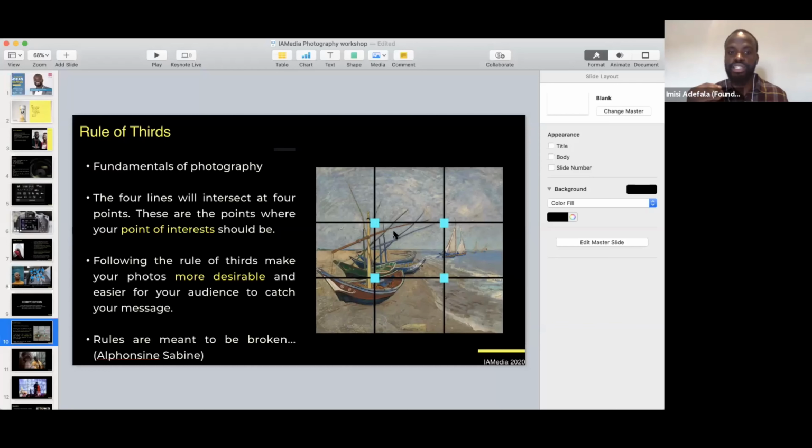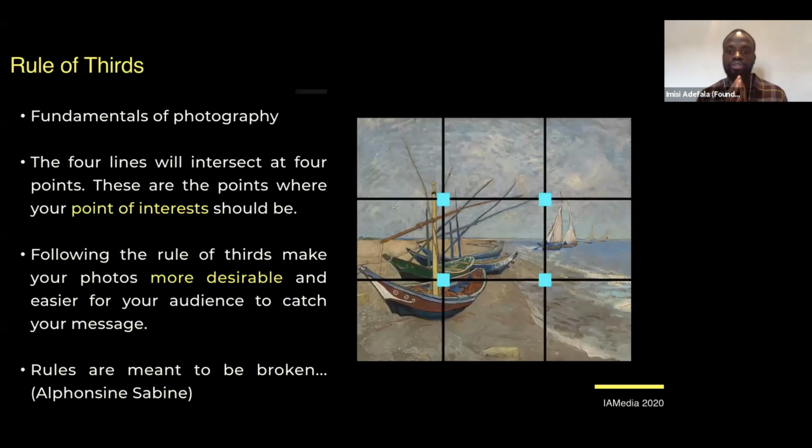And it actually caught the eye of the audience more, because you can see how the subject relates to the background and everything else within the photo, rather than it being dead on in the center and you can't really see anything about it. It told a better story, okay? So it's all about making more dynamic and more desirable photos, okay?